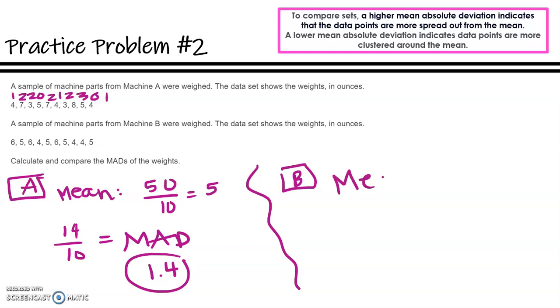Machine B, I'm going to find the mean first. So I'm adding my numbers together. Ooh, I get another total of 50. So the mean for the second data set is also 5. But now I'm going to see how far is each number from that mean.